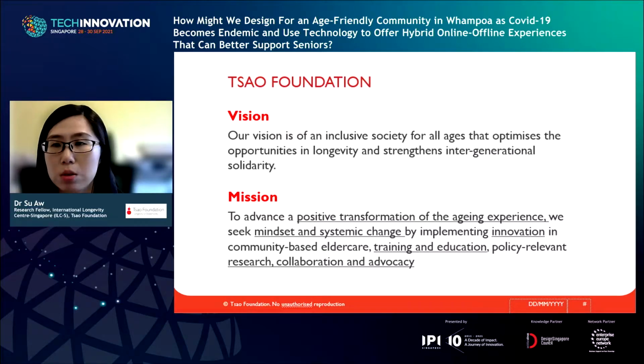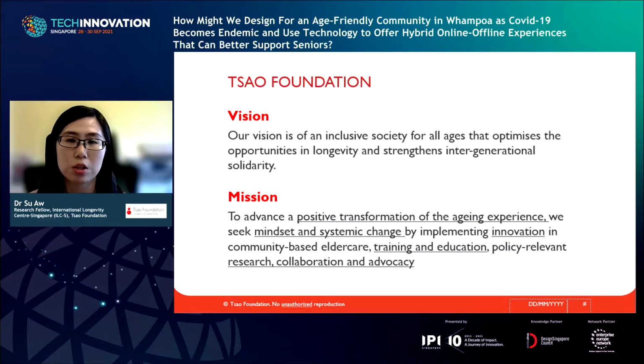The last thing we do is research and collaboration. We work closely with universities as well as other international advocacy networks to research some of the issues that older persons face and advocate for policy that can address these issues.